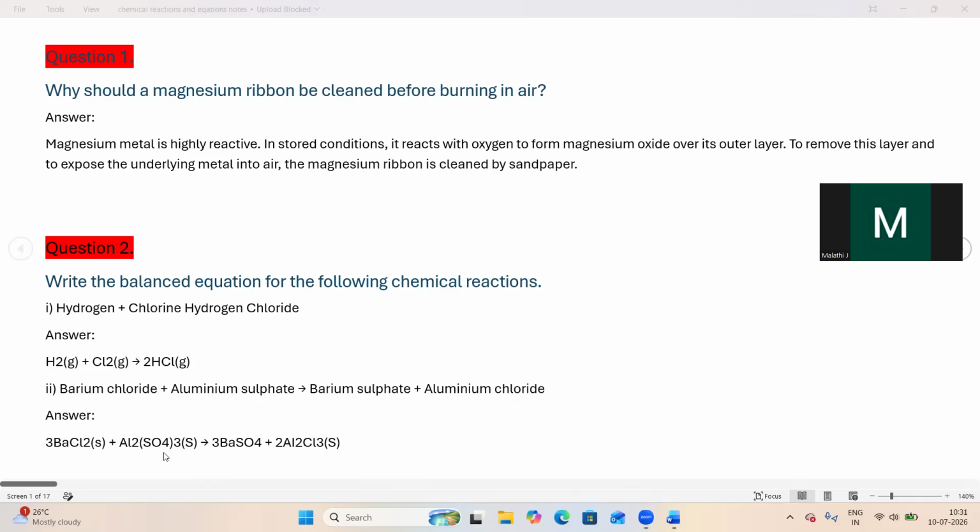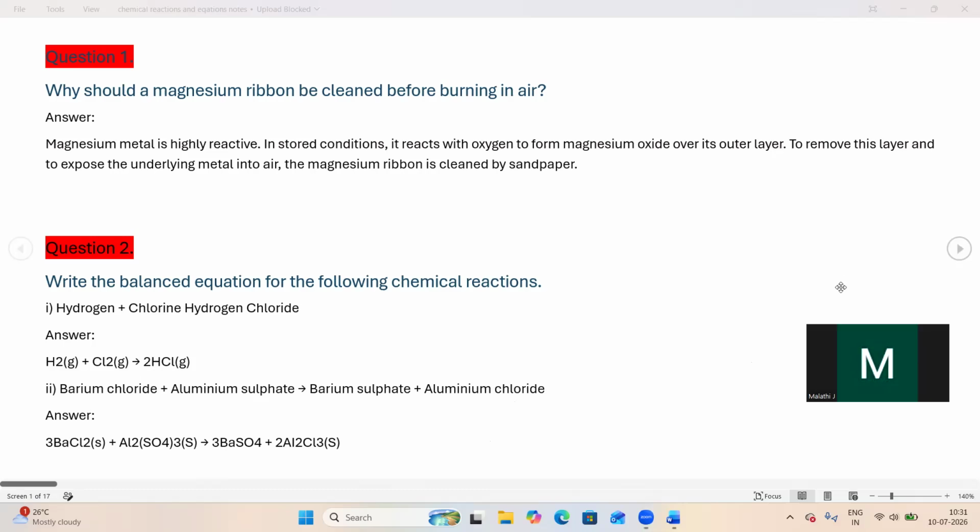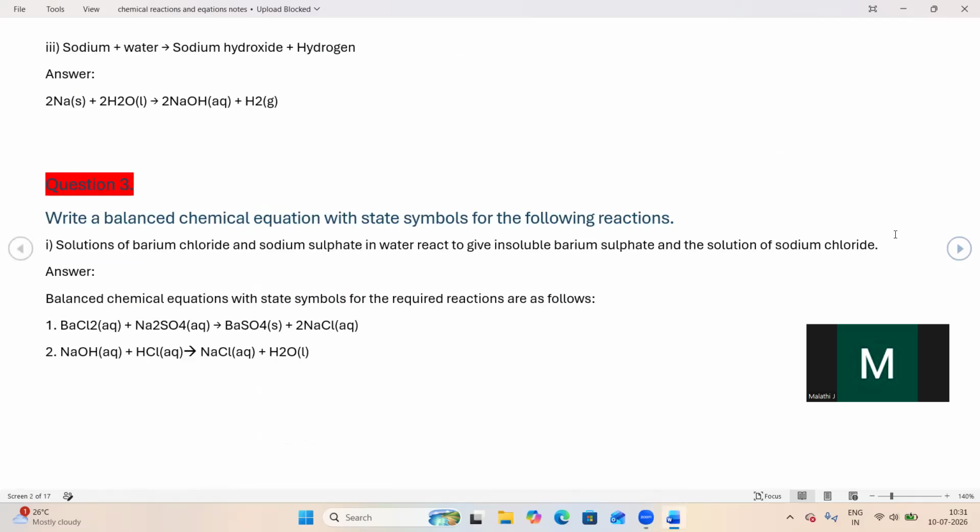BaCl2 plus Al2(SO4)3 gives rise to 3BaSO4 plus 2AlCl3. That is the balanced chemical equation you should write down. Then sodium plus water gives rise to sodium hydroxide and hydrogen gas.